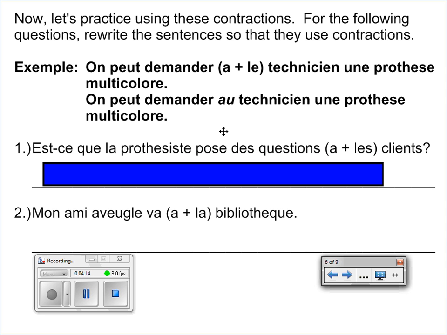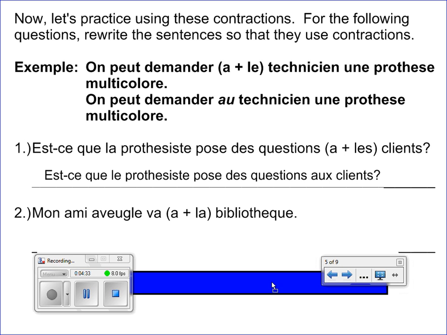Then, Est-ce que le prothésiste pose des questions à les clients? So please put the video on pause so that you can rewrite this question using a contraction. All right, and let's see how you did. Your sentence should look like this.